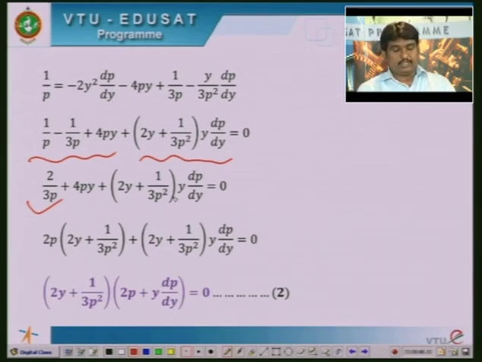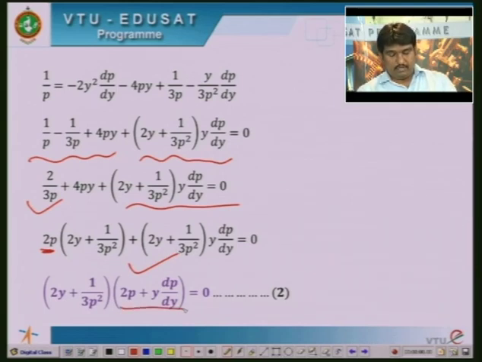Next, take 2p common here. If you take 2p outside, you will get (2y + 1/3p²) plus this term as it is. So what is common here? 2y + 1/3p² is common. After taking 2y + 1/3p² outside, you will get another factor (2p + y dp/dy) = 0.